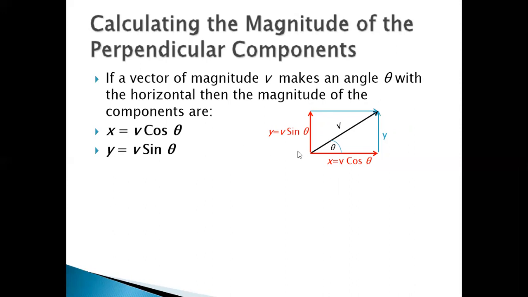If the force applied is pulling up, we say the y component is v sine theta, that is the vector times sine theta. And if the force is applied horizontally, we say that x equals v, which is our vector, times cos theta.